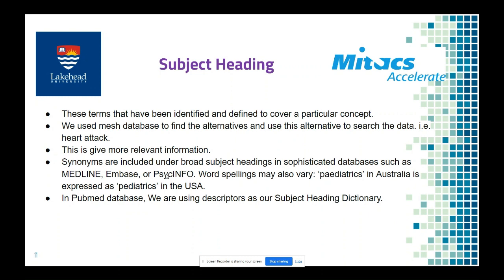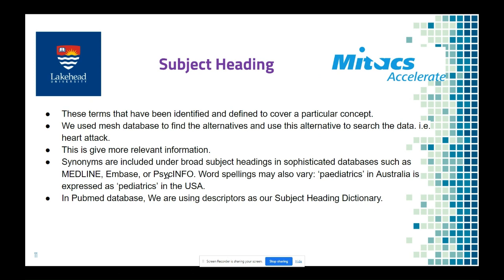It will give us more relevant information about what we are looking for in the PubMed database. There are other synonyms for the same keywords, so we have to check them in the database, and for that we use the PubMed dictionary.